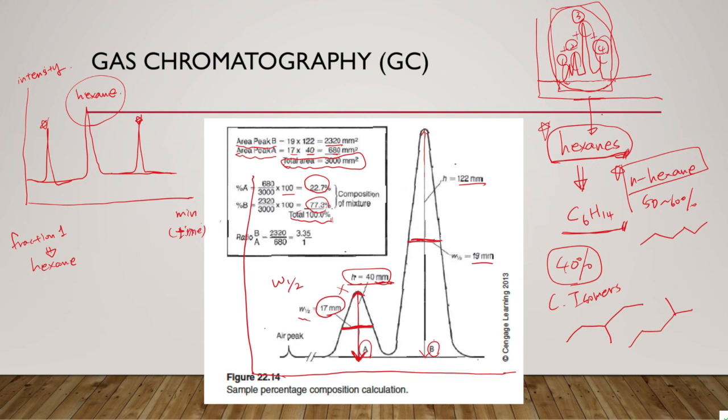Alright, and as well as this fraction B. If you see multiple peaks, though you won't be able to see multiple peaks in the fraction 2, just measure and calculate the area of each peak and find the percent composition. Alright, so that's the triangulation that we're going to use to analyze the GC chromatograms.